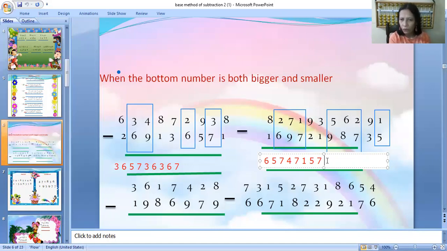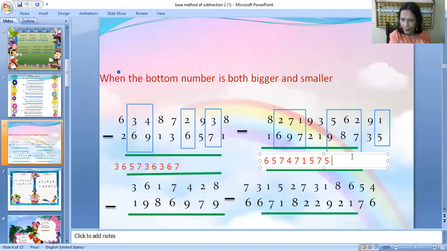Because before writing 5 here, you have to check with the next pair. Do you need the borrowing in the next pair? No, you don't need the borrowing in the next pair. Okay. So here you got 5, so you will write down 5 only. Move to the next pair.